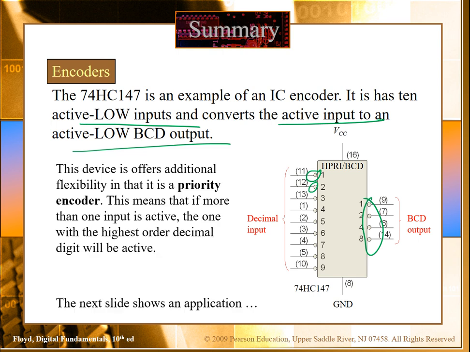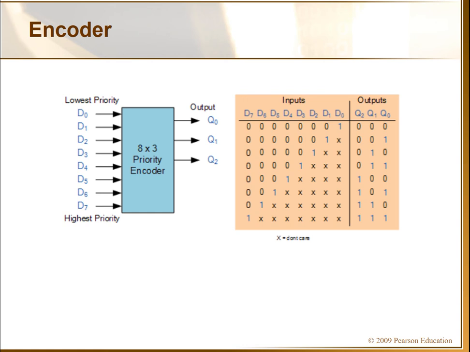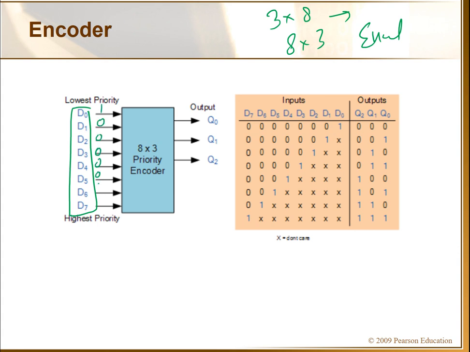As in the decoder case, where we learned that we make a 3 to 8 bit decoder, similarly we can make an 8 to 3 bit encoder. For example, you have 8 inputs. Let's say D0 is 1, 0, 0, 0, 0, 0, 0, it means I am encoding that if I have this input, my output should be, for example, 0, 0, 0.